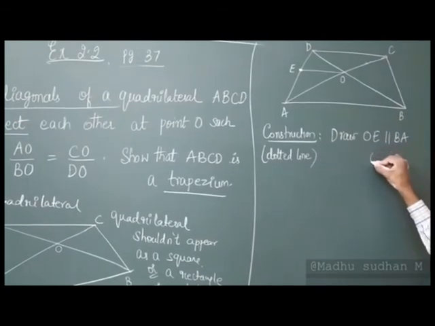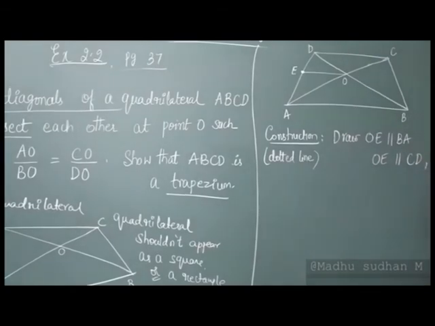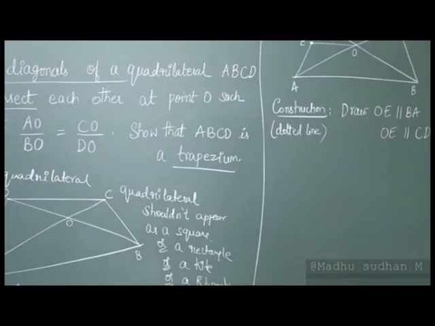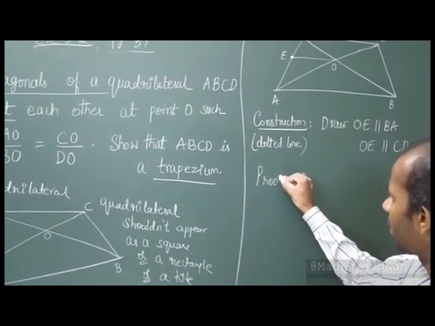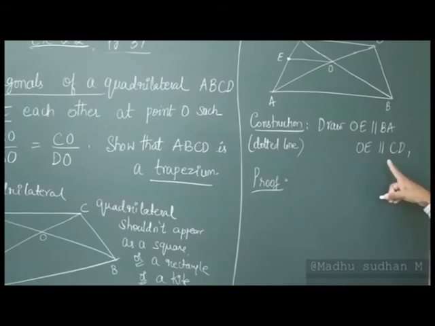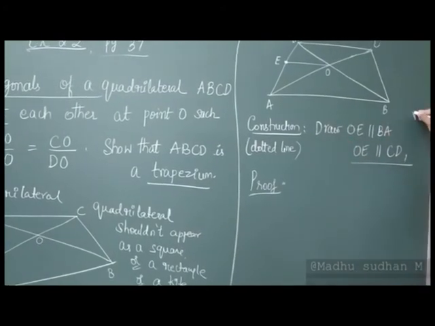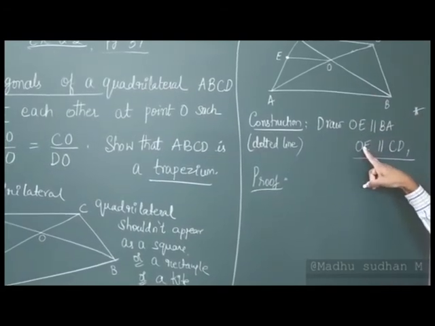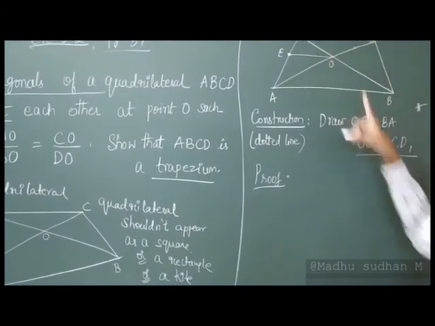Or this OE is parallel to CD also. Followed it? Then, proving now the proof part. This is a very, very important condition. This construction is a very important part for this proving. We have drawn OE, and this OE is parallel to DC.